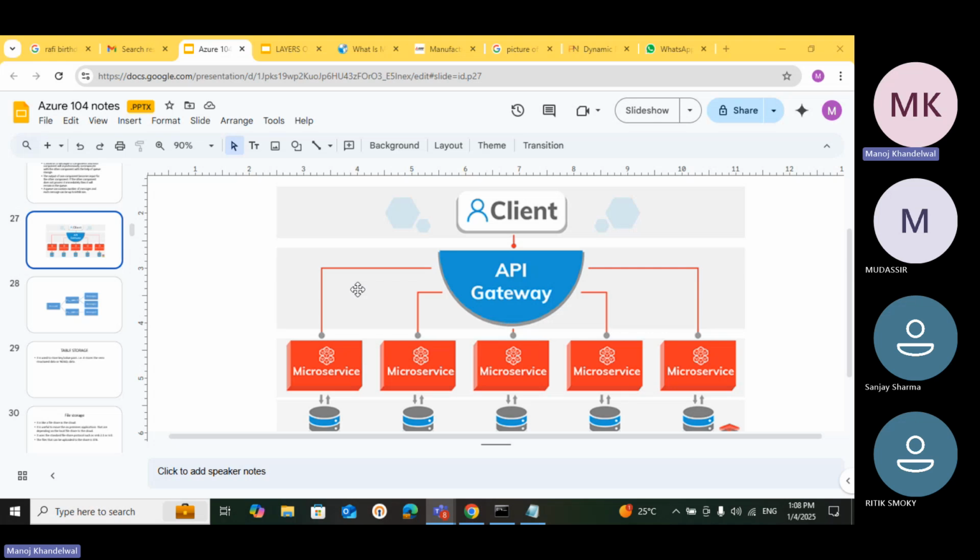Cluster means many applications come together, and they can be handled by Kubernetes. It has networking features also.